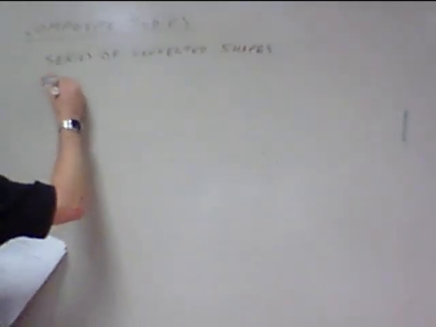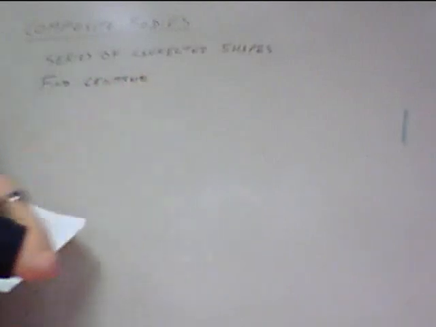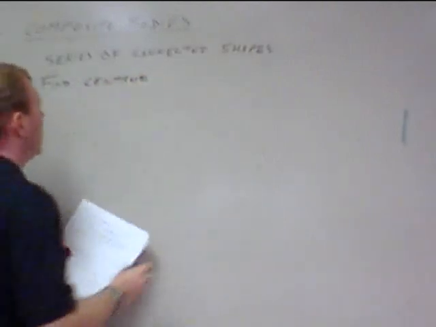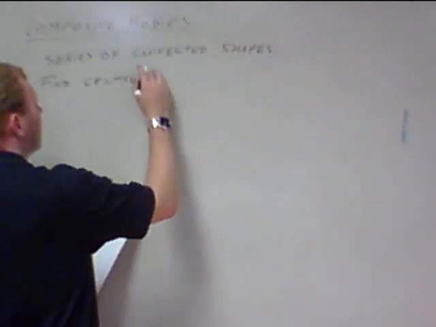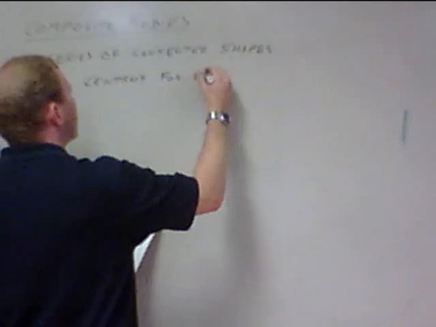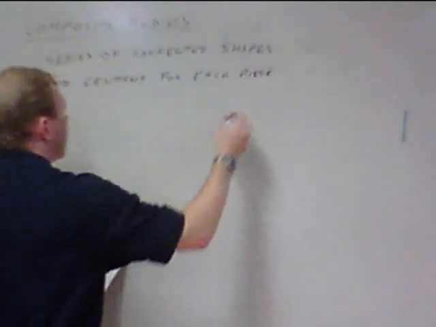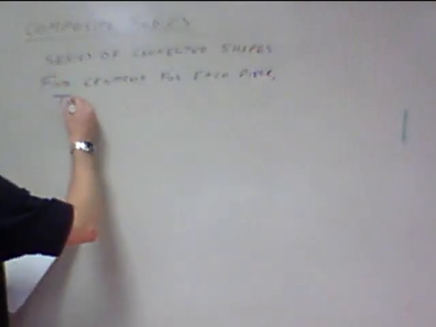What you can do is find the centroid for each shape, each piece, then use the particle equations.